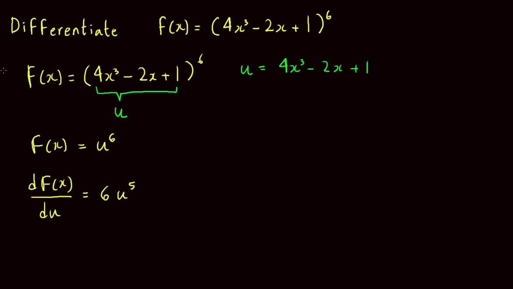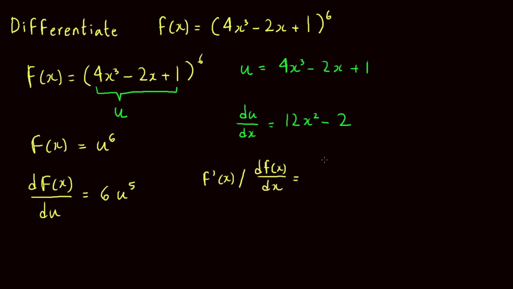Whereas if we take the derivative of u with respect to x, du/dx would be 12x squared minus 2. Now we want to find f prime x, or df/dx.